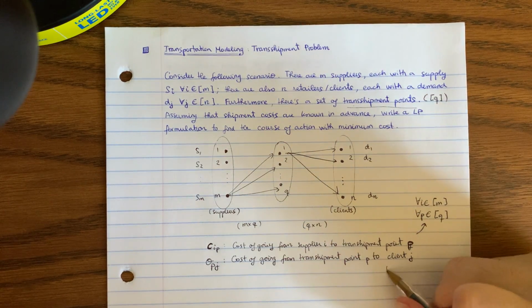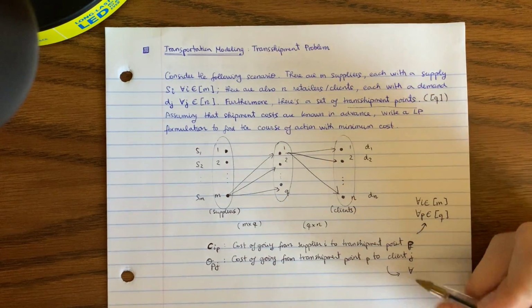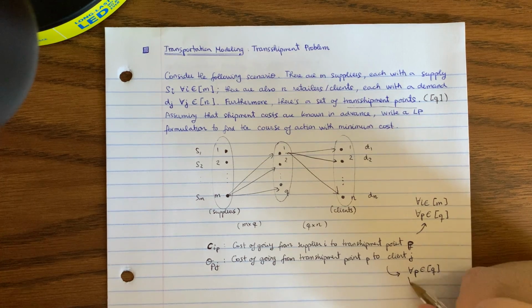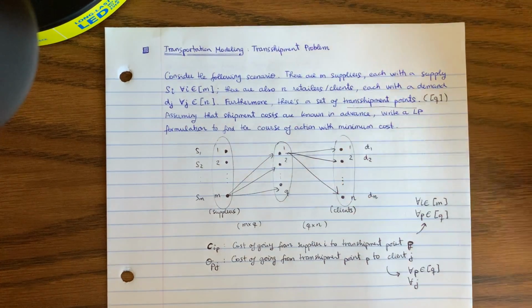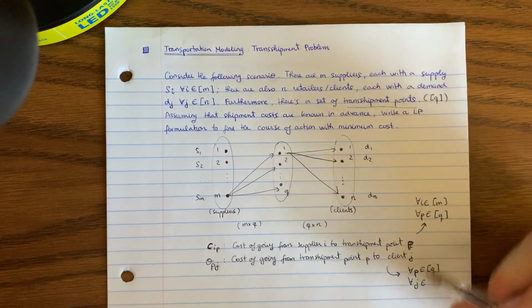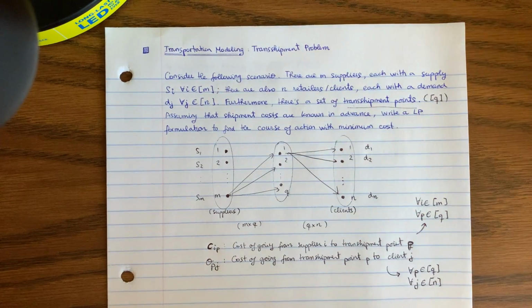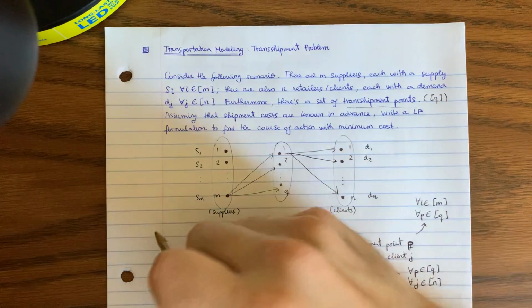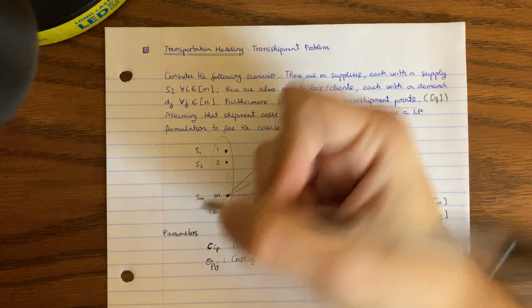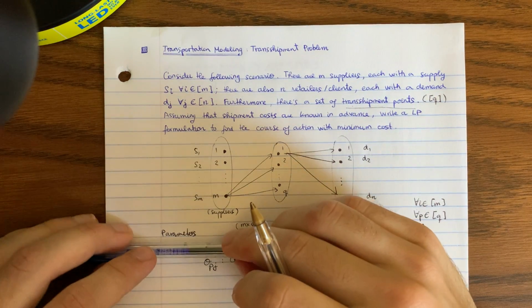And like before, I would define this for all P in 1 to Q, these are all the transshipment points, and for all J in 1 up to N, right? So these are just parameters, right? But of course, we always have to formalize them with symbols.